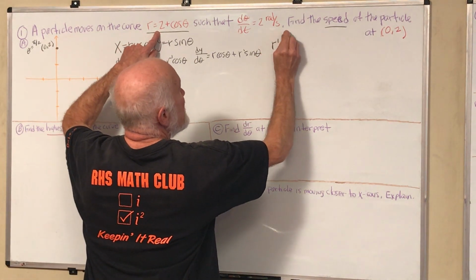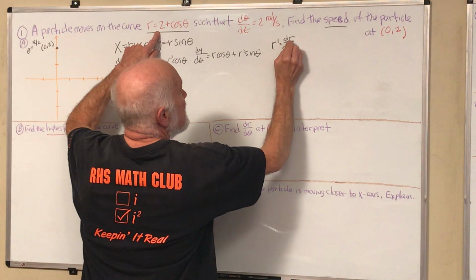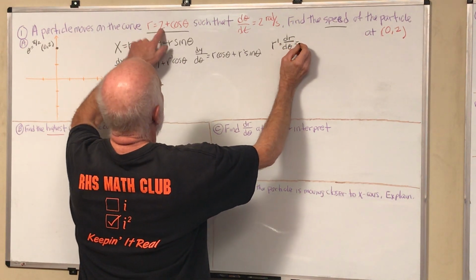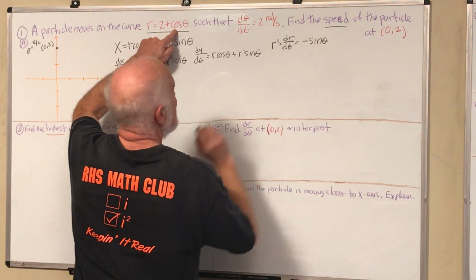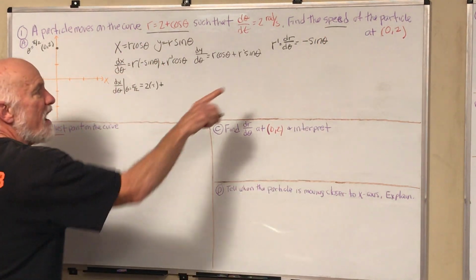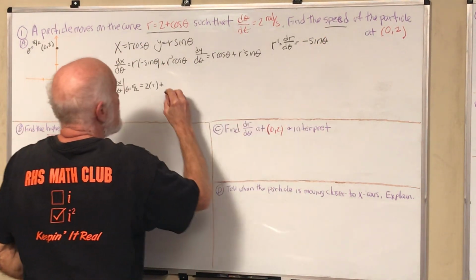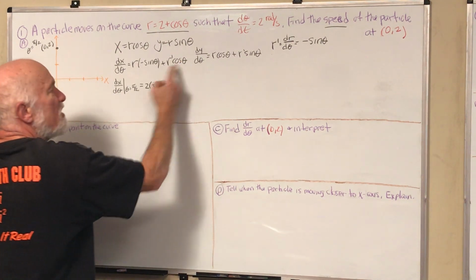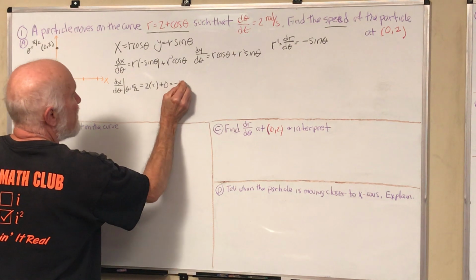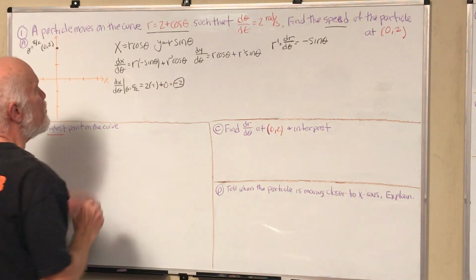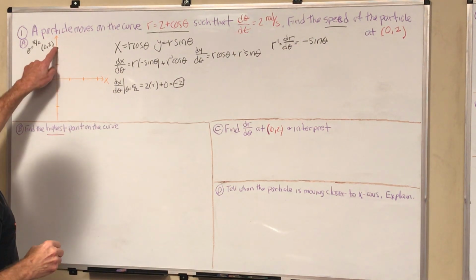R prime is dr/d theta, which is 0 minus the sine of theta. So that means r prime at pi over 2 is going to be negative 1, but the cosine of theta is just 0. So altogether, we have negative 2 for dx/d theta at this point.